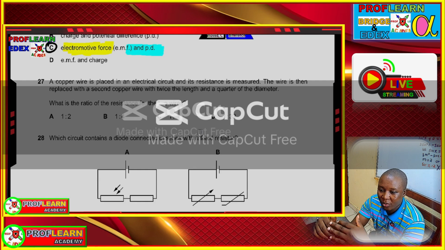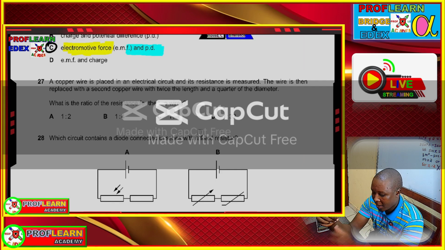So in that case, if the area decreases, the resistance increases.